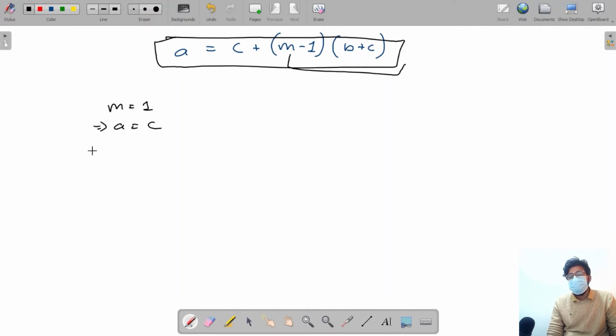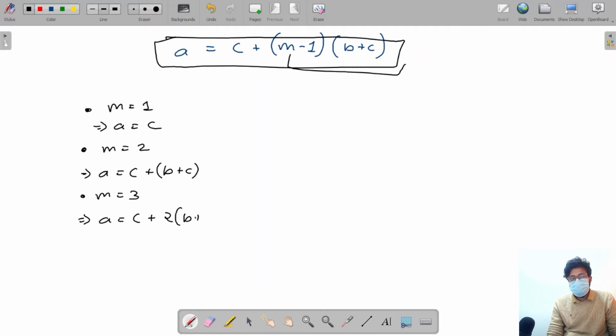Second point: what if M is equal to 2? Then A is equal to C plus B plus C. And in the same scenario, if M is equal to 3, A is equal to C plus 2B plus C. There are 3 things here. Now let's do a dry run. You will understand what I am trying to say.